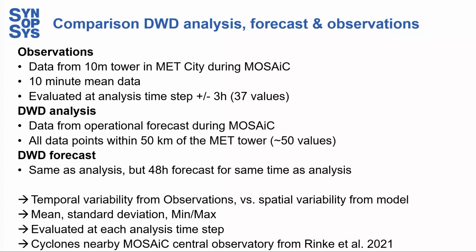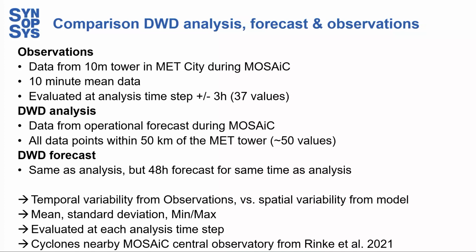Then we use the DWD analysis, so the first step in the forecast, so to say. It's the operational forecast during MOSAiC, and we use it around 50 kilometers around the observatory, so that we can do some statistics there. And then, of course, the forecast to do the differences, to see the errors, and most of my plots I will show the 48-hour forecast.